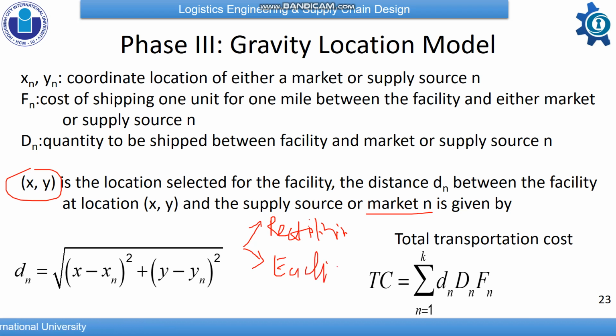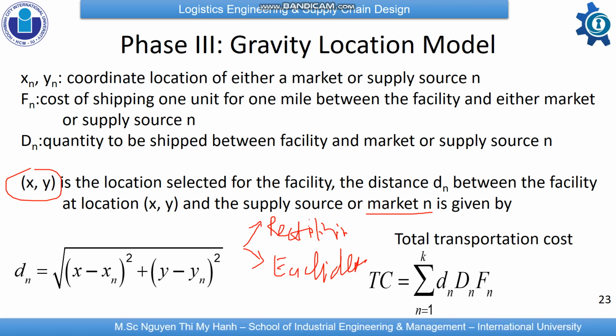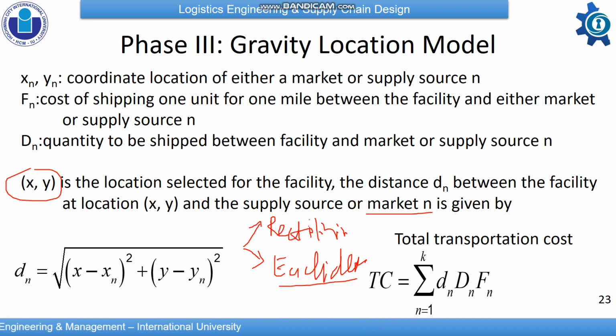We already learned this one in the course of principles of logistics and supply chain management. And here I just introduce Euclidean distance, that is equal to the square root of x minus xn, take the square, plus y minus yn, take the square.